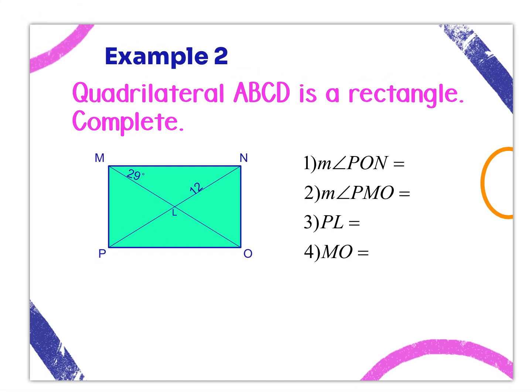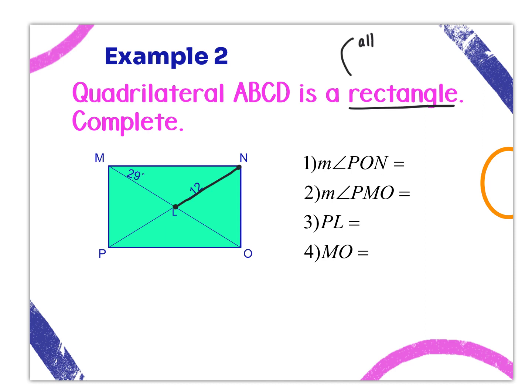So I keep going here. It says quadrilateral ABCD is a rectangle, and then it wants me to complete the missing information. So when it says 12 here, it's talking about the side. So I'm going to focus on sides first. Okay, so I know that if it's a rectangle, again, what do I know?